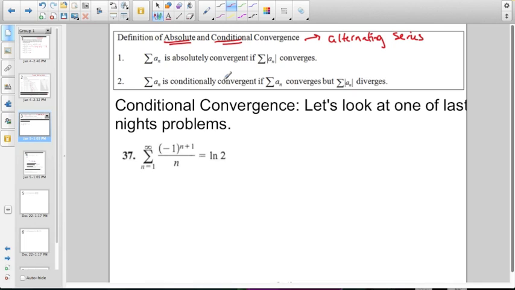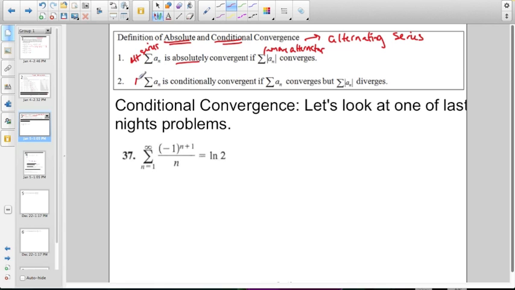What this is saying is if this is an alternating series, and we remove the alternator, and this converges, we call it absolutely convergent.